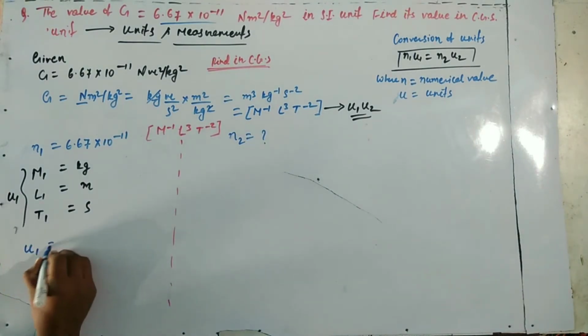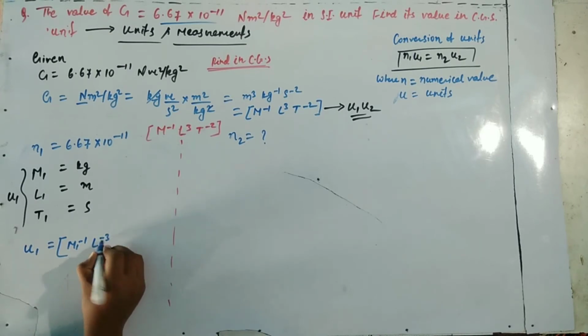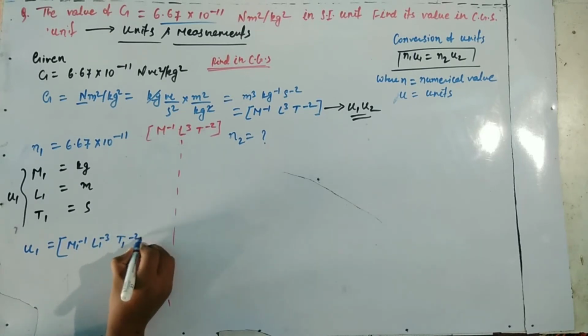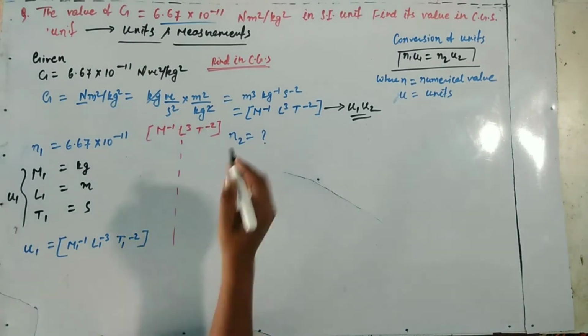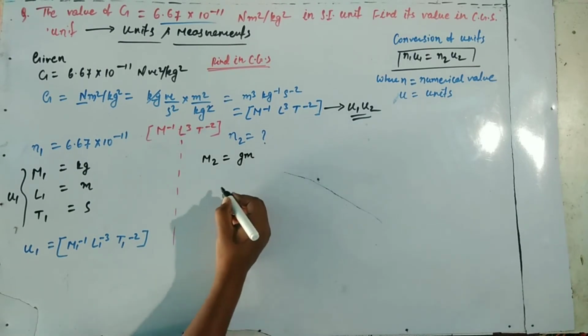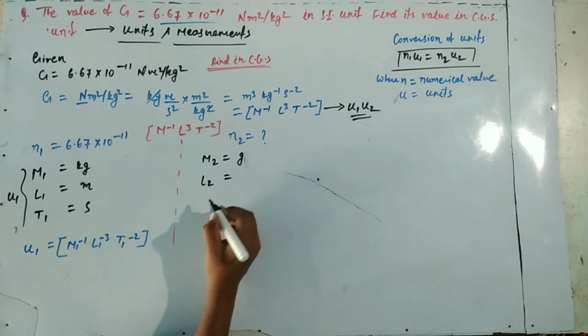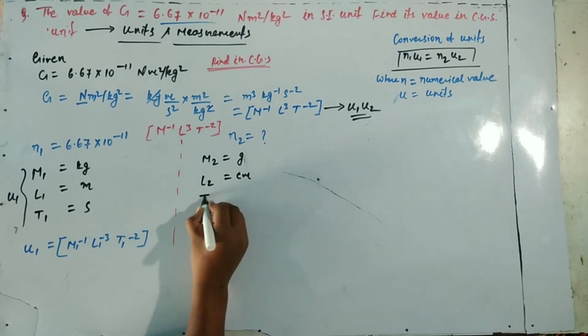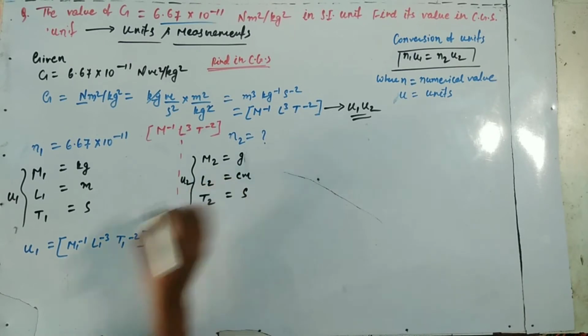So U1 equals M1 power minus 1, L1 power 3, T1 power minus 2. Now M2 equals gram, L2 equals cm, T2 equals second, and here U2 is obtained.